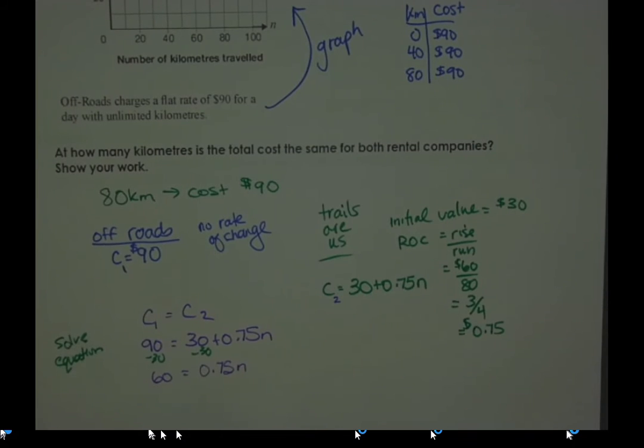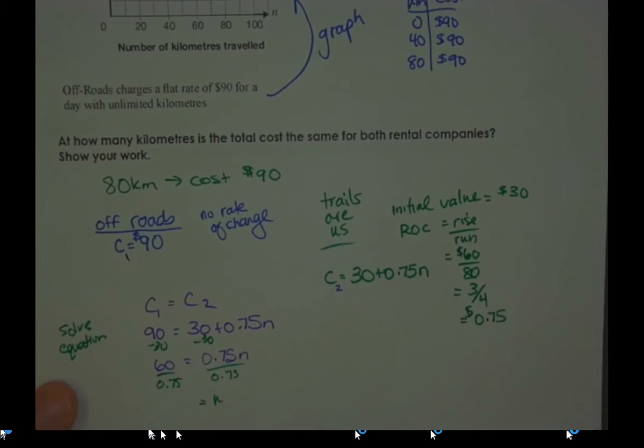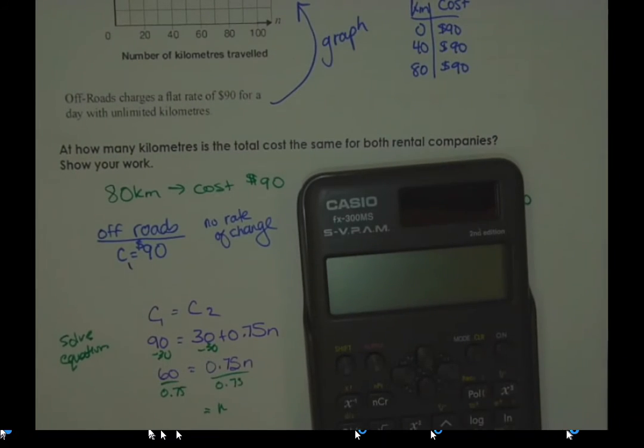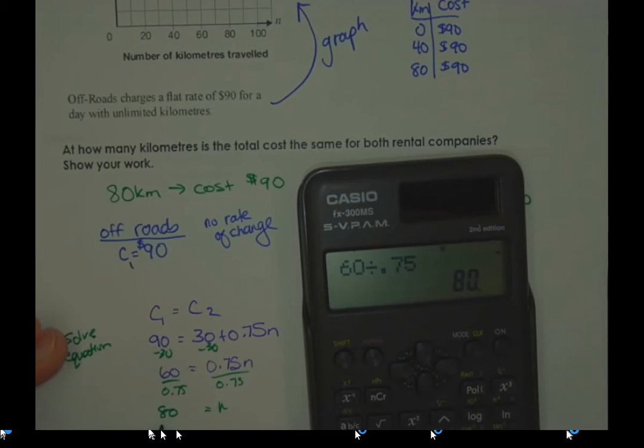All right, and I know that I have to divide out. We better hope we know what the answer is. If I went to my calculator, so that I'm not lying to you, if I do 60 divided by 0.75, I get 80. That's a good thing.